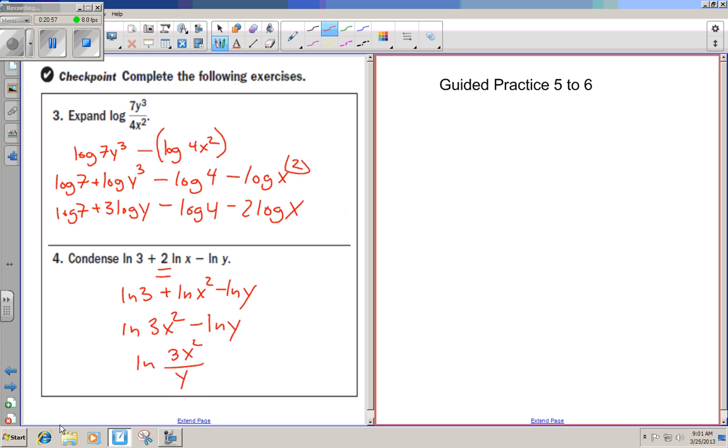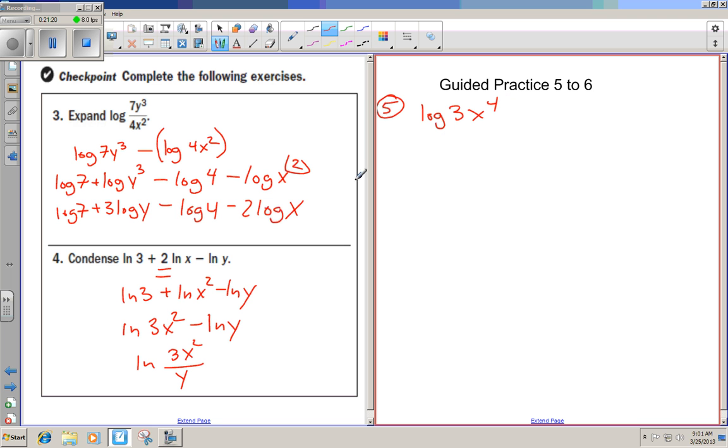All right, let's take a look at guided practice. This is 5 to 6. Okay, so number 5 says to expand log 3x to the 4th.